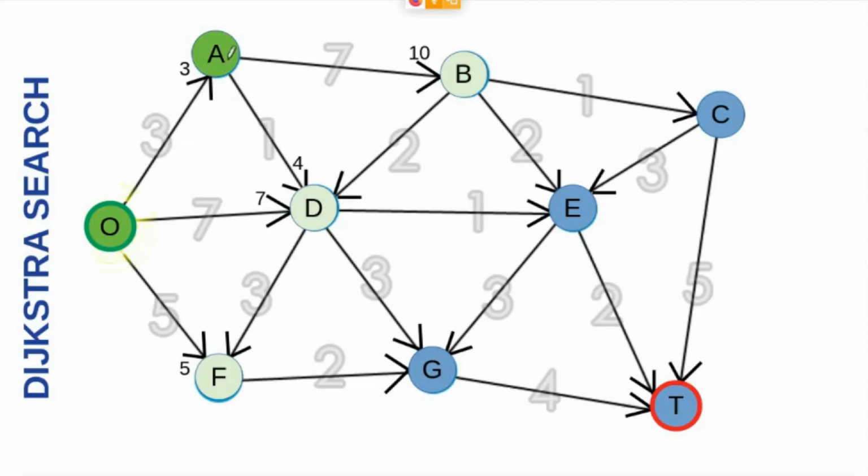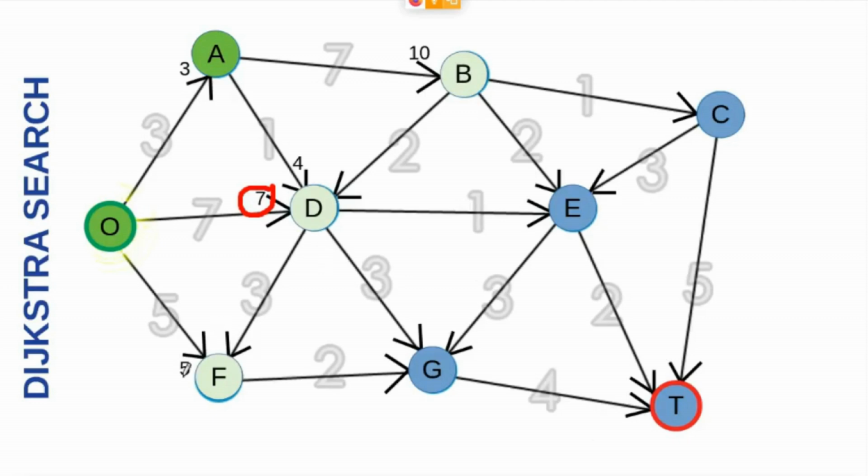Then we assess the neighbors of A, and we have D and B. Because D was the neighbor of O, here we have a 7, remember? But now because D is a neighbor of A, here we have a 4. What's the minimum value between all these candidates?